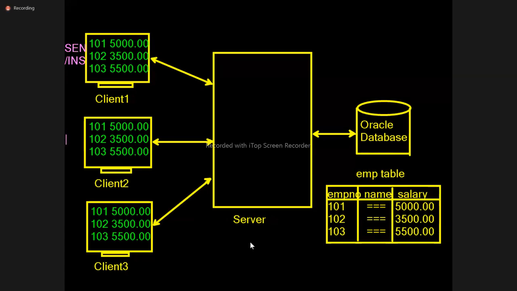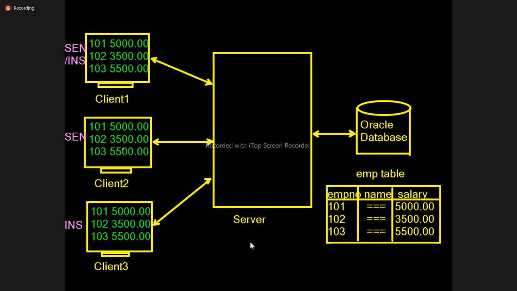Suppose it is sensitive, and this one is insensitive. Assume client 1 opened either sensitive or insensitive, anyone. Client 2 opened a sensitive result set. Client 3 opened an insensitive result set.